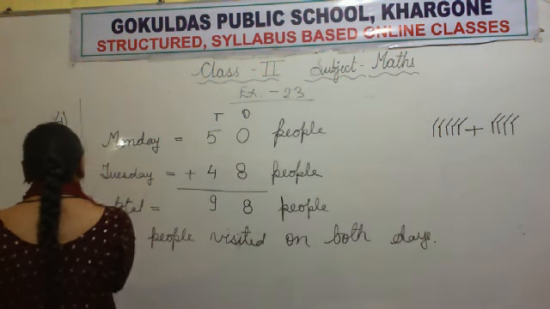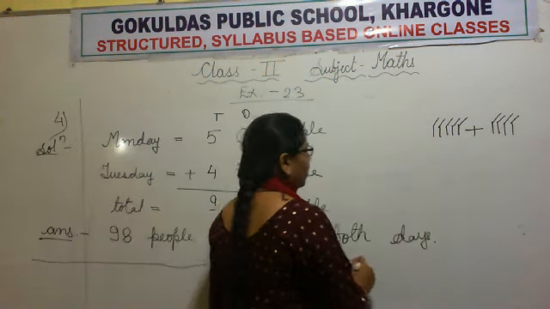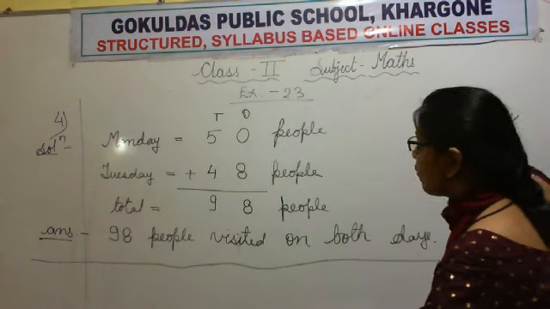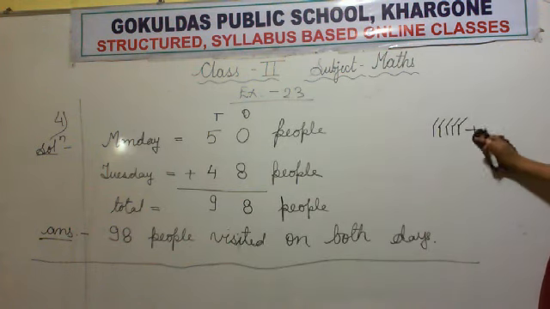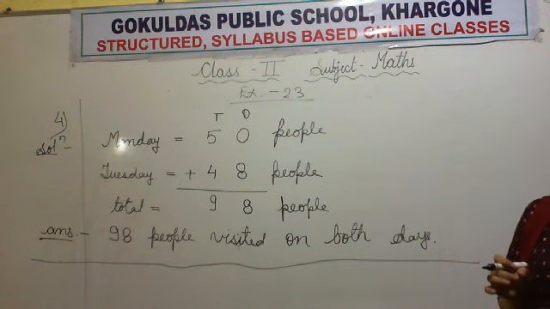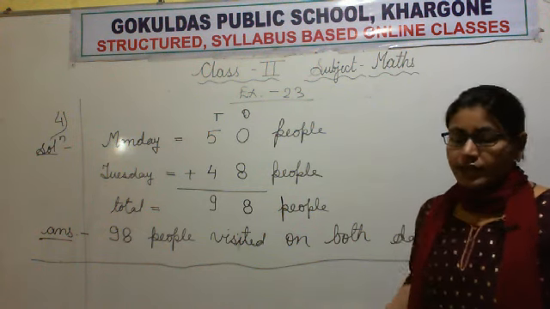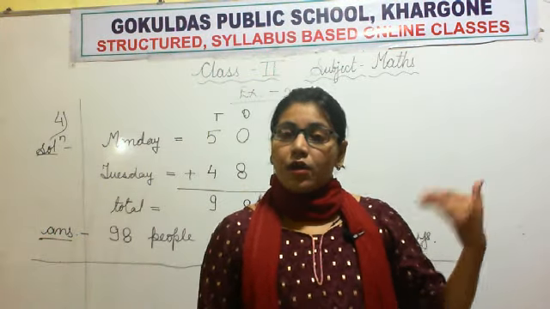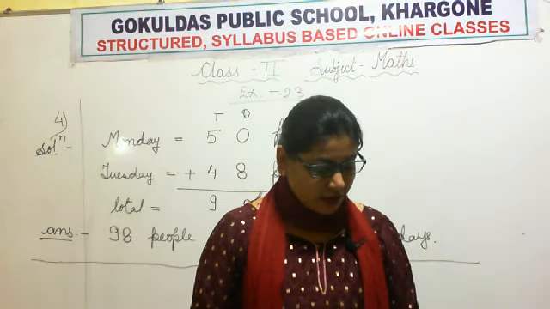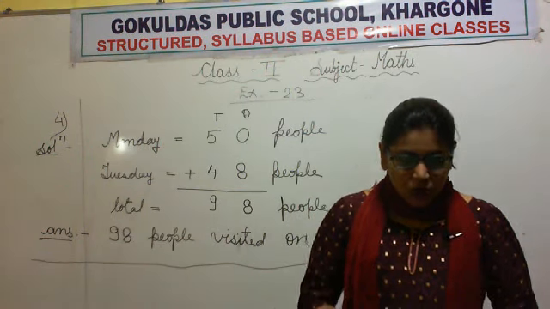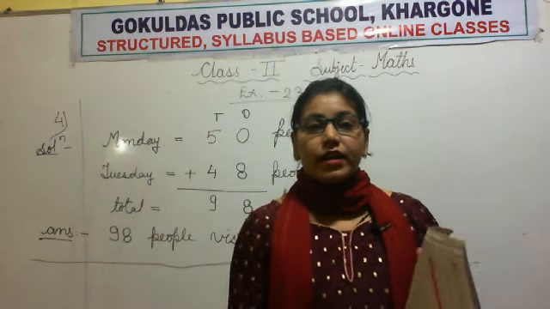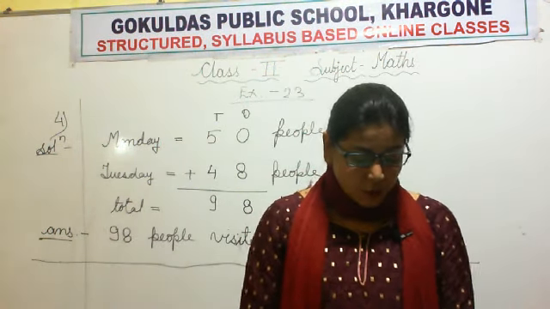See, in this question a simple word problem was given and we solved it. They are not asking us to find the estimated and actual value, so we just simply did it. And the drawing of sticks is for our convenience, so that is our rough work. Okay, so with this we are done with exercise 2.3.